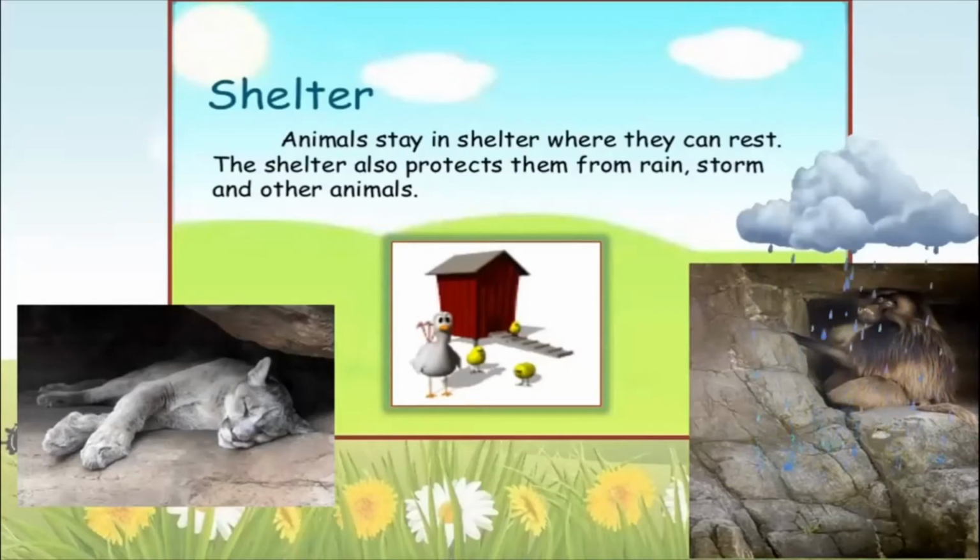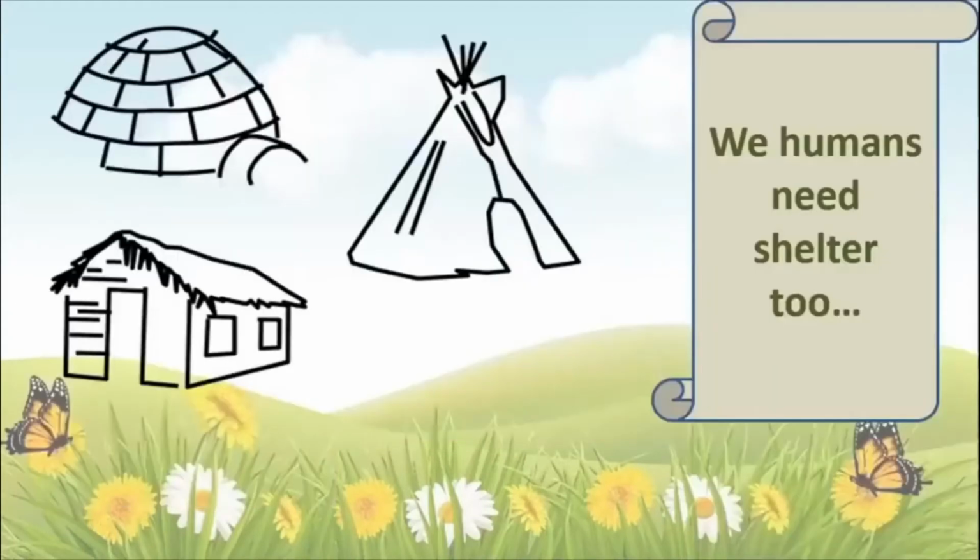It takes its baby and goes and hides inside its shelter. So the shelter is a place where the animals can rest when they are tired, and also protects these animals from rain, from storm, and from other animals also.